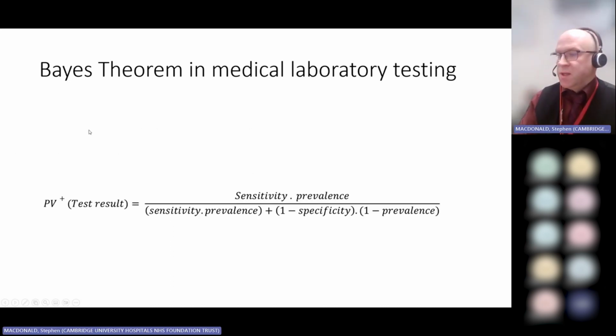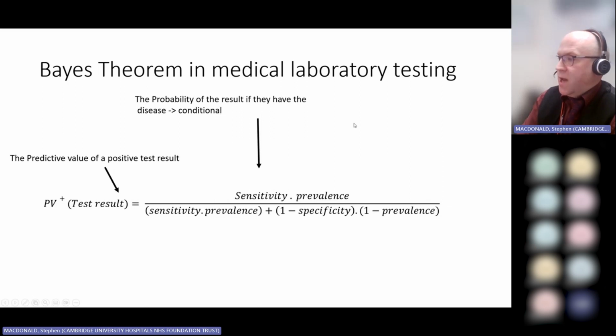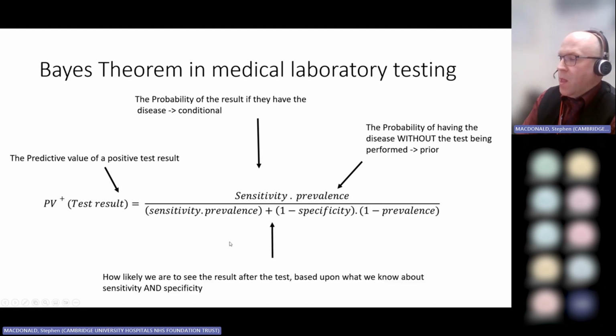Even more explicitly, the predictive value of a positive test result is based on the sensitivity of your test, the prevalence of the disease within your population, the sensitivity times the prevalence.